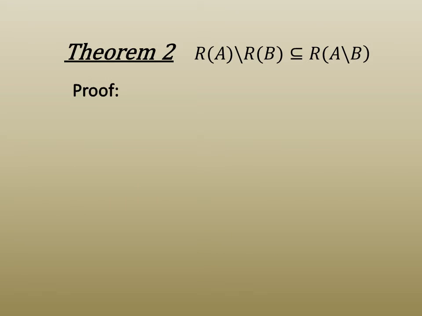We will now return to proving theorems. This theorem is true for any relation. Theorem 2. R of A slash R of B is a subset of R of A slash B, where A and B are subsets of the domain of R. We will again opt for a direct proof.